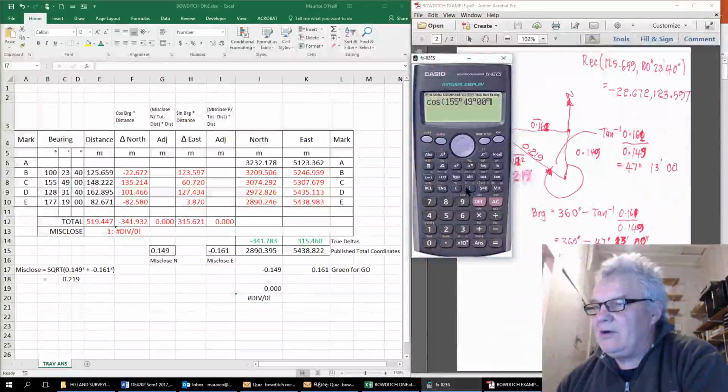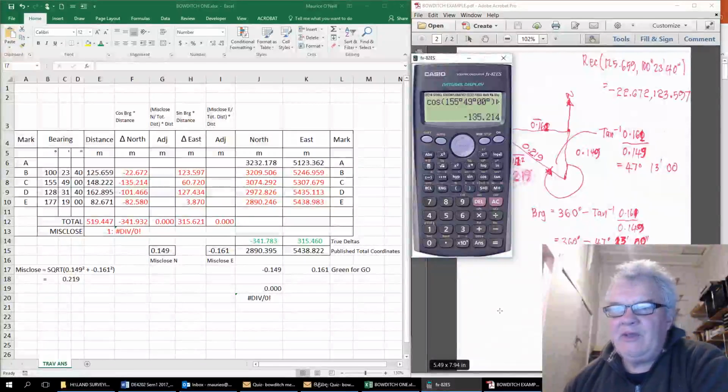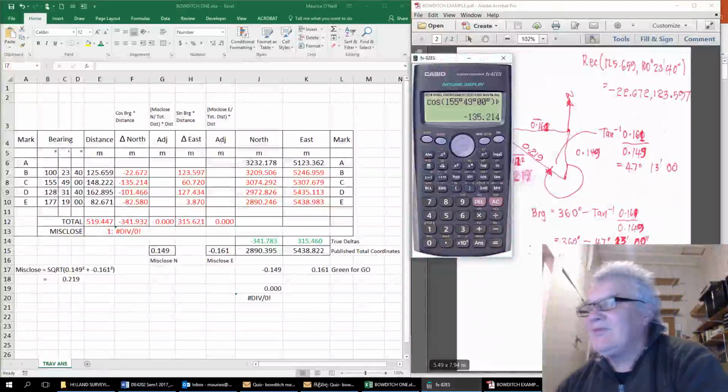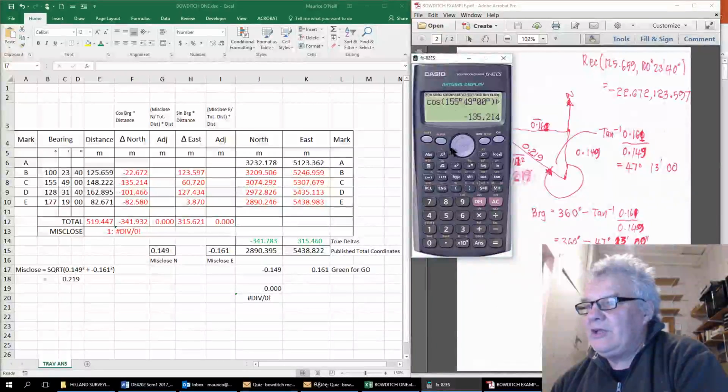All right, close the brackets. Times 148.222 equals negative 135.214, and then we can come up to here and we can go back to there and change that to sine.